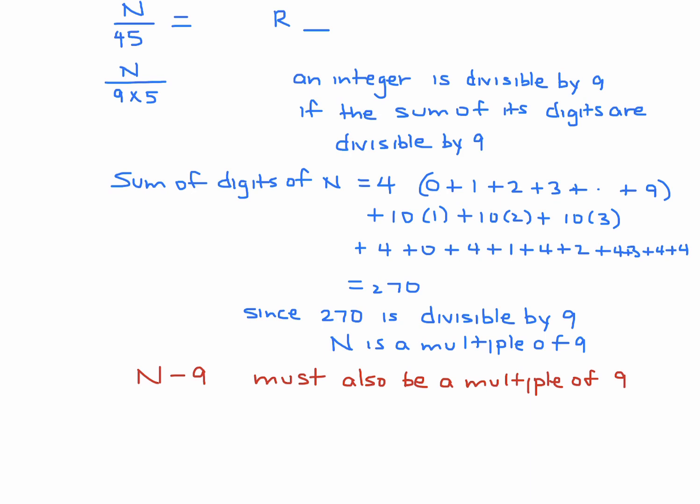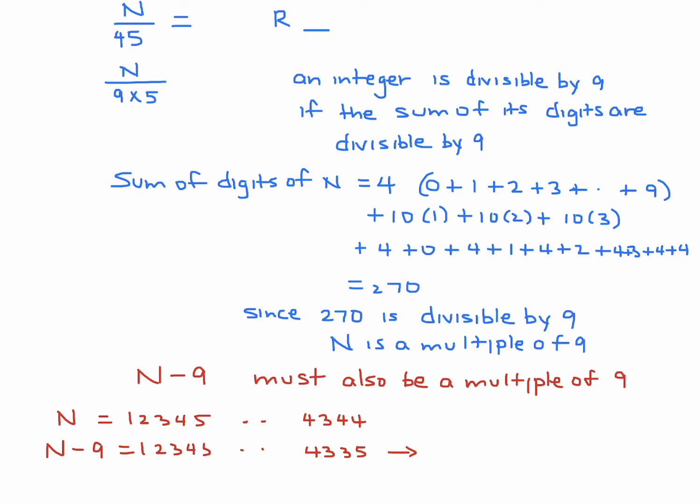Now, if we looked at that number, n is equal to 1, 2, 3, 4, 5, ... If you notice, the very last numbers were 43 and 44. So n minus 9 is going to be some big long number, but we are interested sort of at the very end. It will be 4, 3, 3, 5, correct? When you're just subtracting 9.